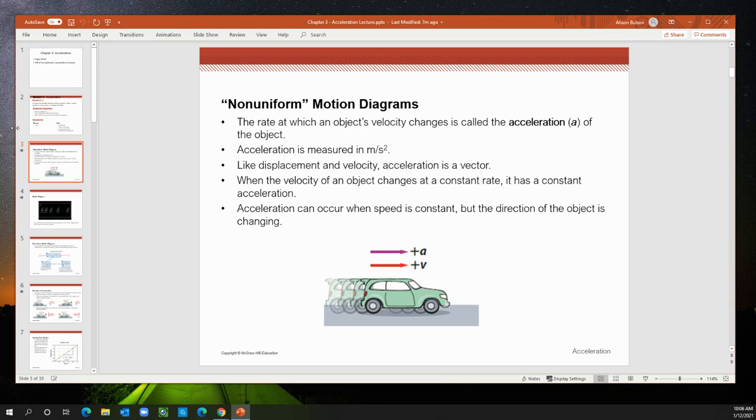And acceleration is defined as how much velocity changes divided by time. So an object can accelerate if it speeds up, if it slows down, or if it changes direction. Acceleration is measured in units of velocity, meters per second, divided by units of time, seconds. So meters per second is the SI unit of acceleration, and we abbreviate that as meters divided by seconds squared.